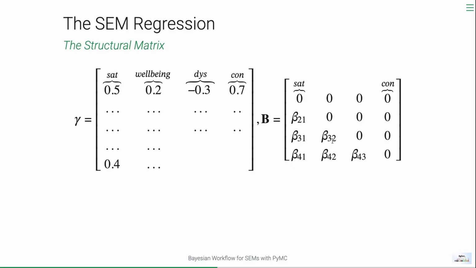We want to predict well-being as a function of dysfunction and constructive thought processes. And the last one is dysfunction as a function of constructive thought processes. But nothing predicts itself.